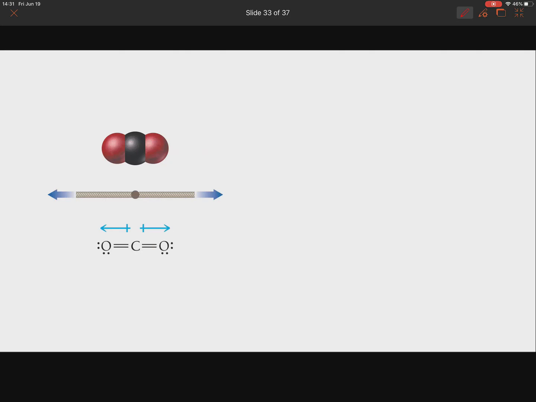We usually represent it with these little plus-sided arrows that point to the negative side. So there's a negative charge on that oxygen and a negative charge on this oxygen, and a kind of positive charge on the carbon. But because they're in opposite directions from each other, it's kind of like if I was standing in the middle of 2 people pulling on me with ropes, right?